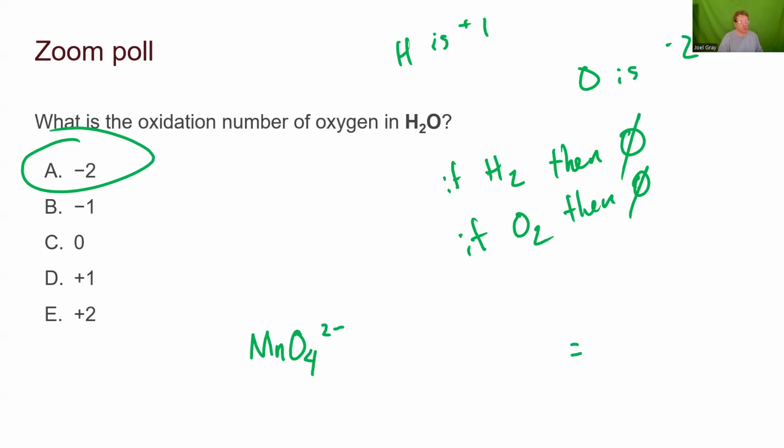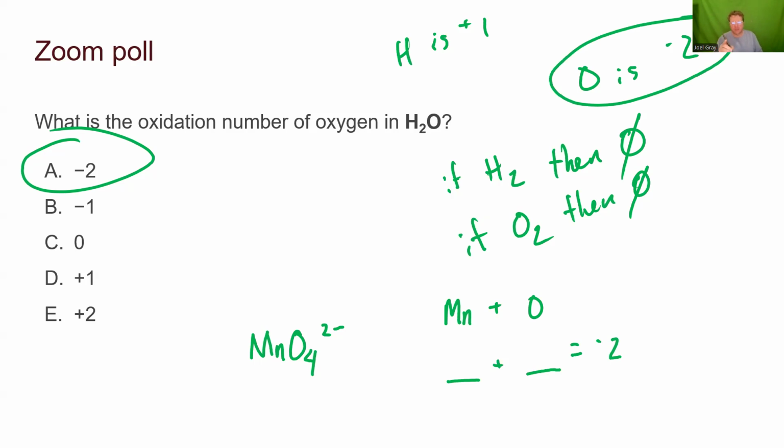So I'm going to set up a simple addition or subtraction equation: my manganese, Mn, plus my oxygens equal -2. What do I know about oxygen? Well, oxygen is always -2, except when it's O2. I follow the rule, but I know the exceptions.